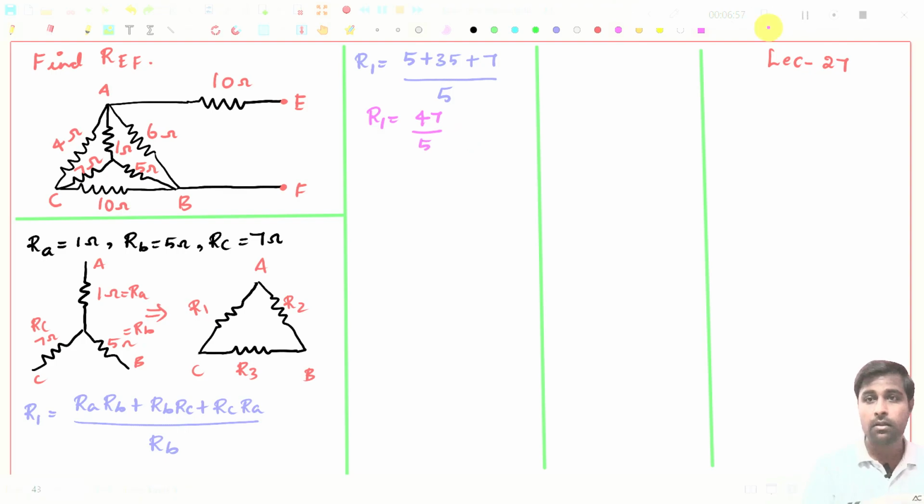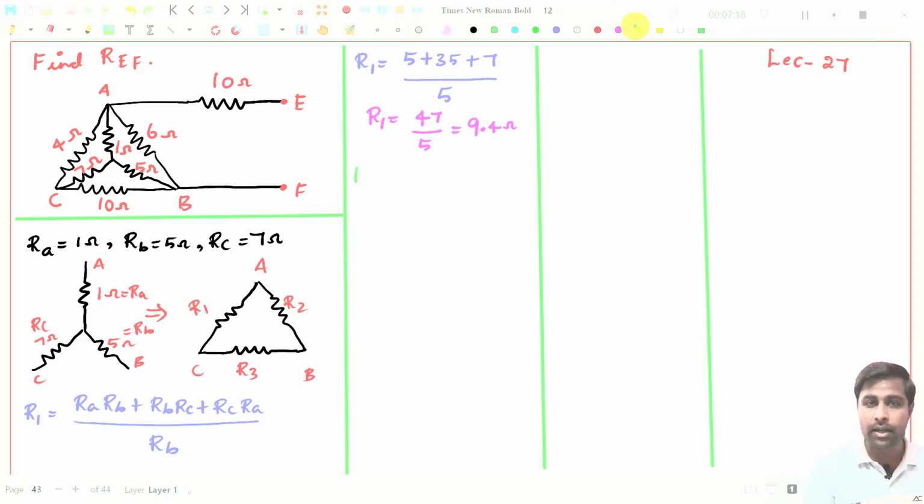That is nothing but 9.4. Let it be very clear. That will be 9.4 ohms, right? So this is R1. Then we need to find R2, right?